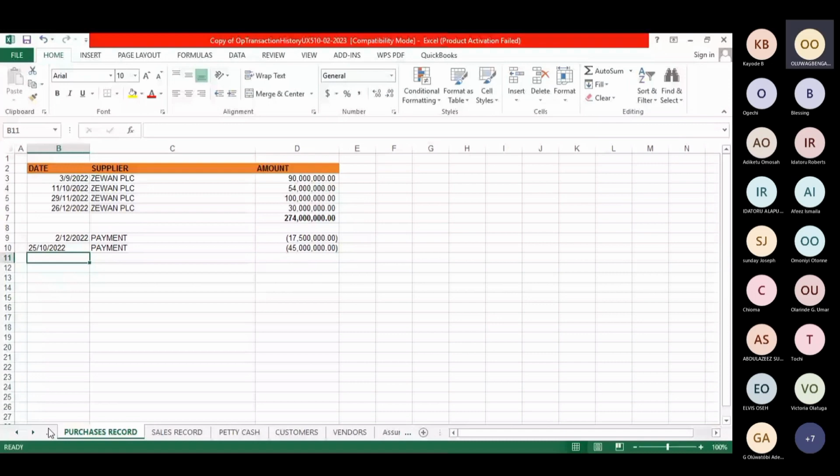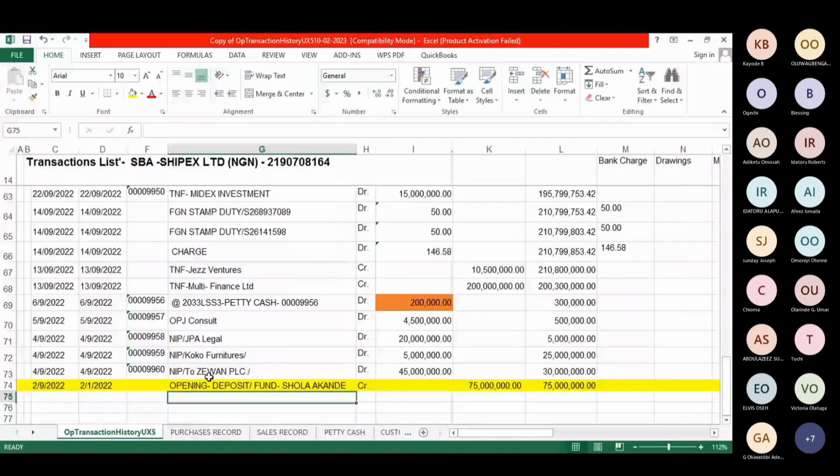So what I have here is Coco Furniture's 5 million.